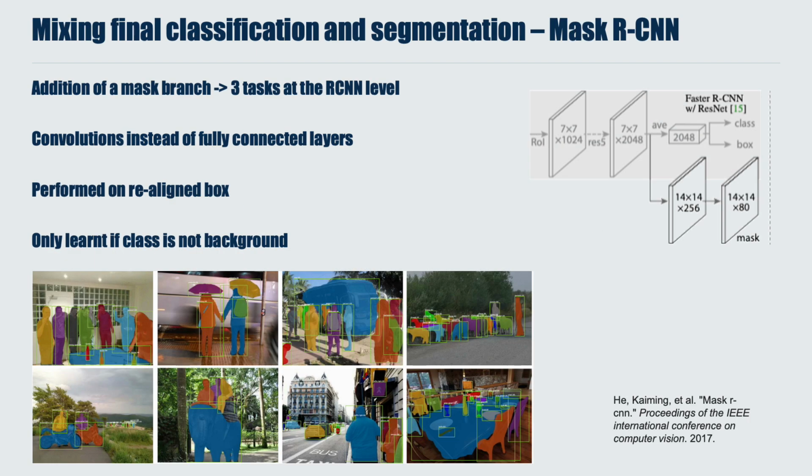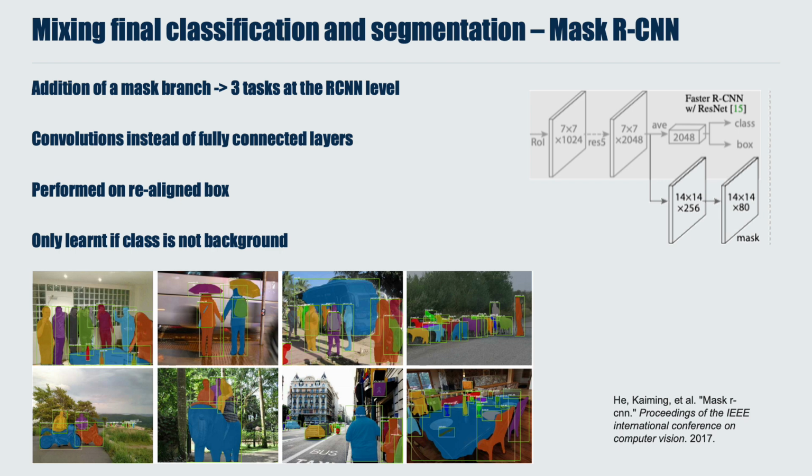Another extension of the Faster RCNN is Mask RCNN. I talked about it briefly before, and that improvement is simply trying to move from the object detection and localization part to instance segmentation on top of everything. So in addition to the branches of classification and box refinement, you have another part, the mask branch, that performs the segmentation based on the boxes that are provided.